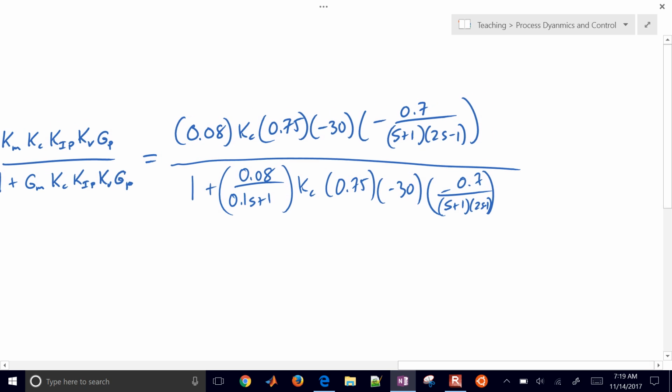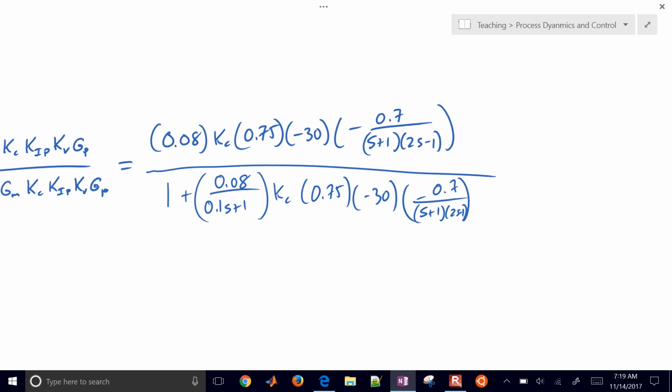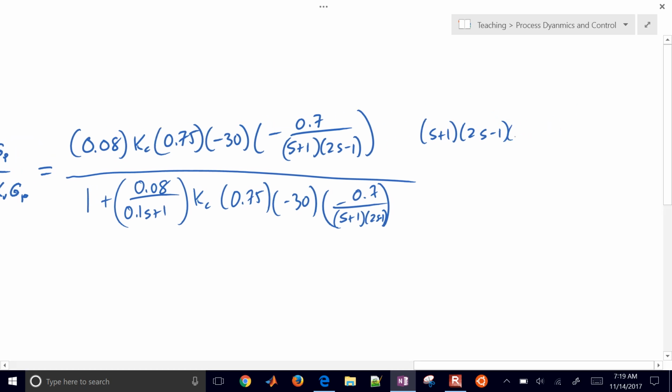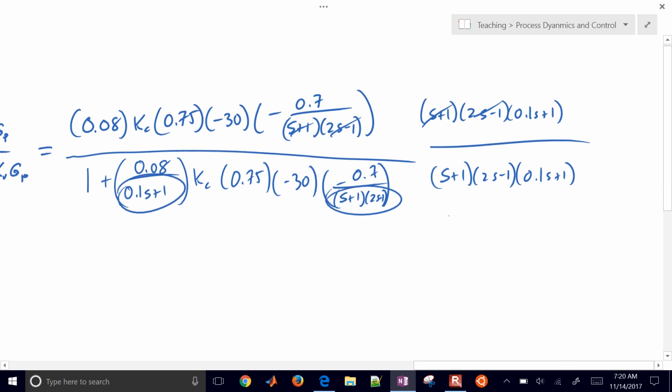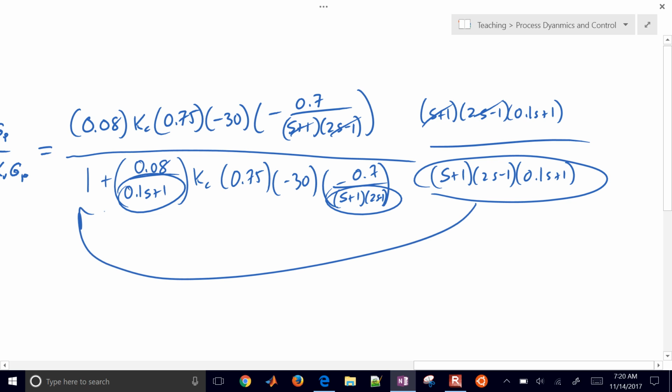Let's go ahead and multiply through our polynomials. I'll multiply the numerator and the denominator by s plus 1 times 2s minus 1, and also throw in there the 0.1 s plus 1. So just multiplying the numerator and denominator by the same things. These are going to cancel out, right here and right there, and then they'll also cancel these terms, but I'll have to multiply this over by that 1.